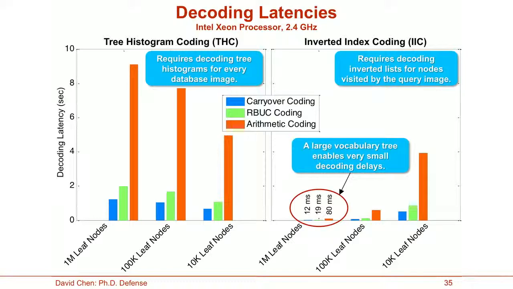I'd also like to point out here that carryover and RBUC coding require much smaller decoding delays than arithmetic coding. This is because they use byte-aligned codewords that reduce the number of memory accesses. So in a low-latency visual search system, we will probably want to use a carryover or RBUC code instead of arithmetic coding.